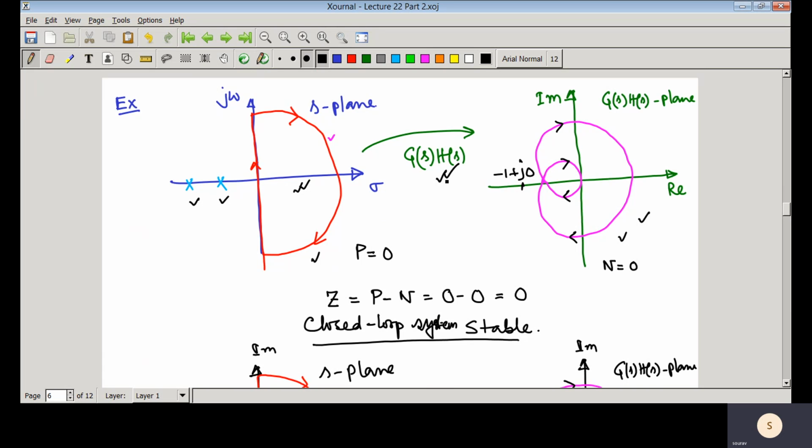If we have some GH and the Nyquist plot, then based on the information of the encirclement about the -1 j0 point, that is one piece of information. The other information we need is the open loop or loop transfer function poles. Based on these 2 pieces of information, we can say whether the closed loop system would be stable or not.